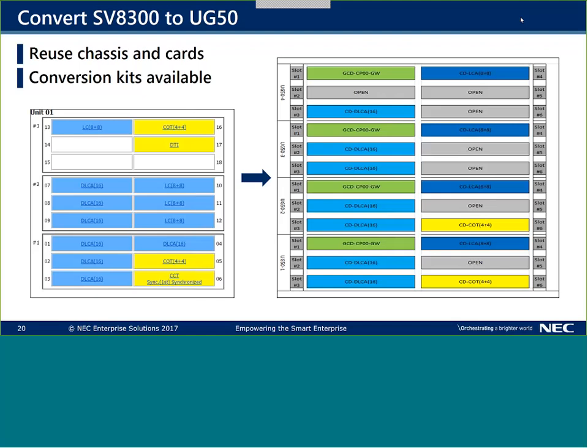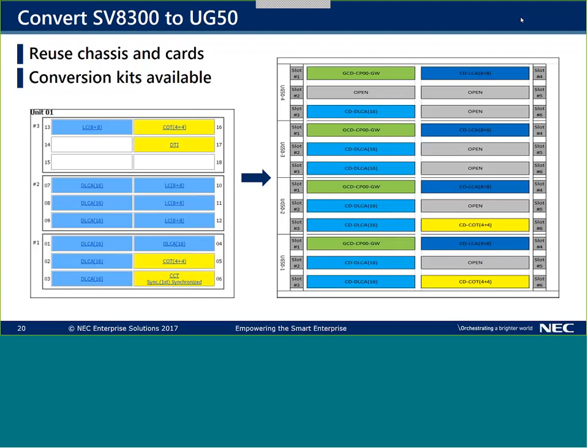And what we've done is converted that to 4 UG50s on the right. And the reason we do that is because each UG50 needs that green card that we're showing, the CPU. So the CPU is going to occupy 1 slot. And that wasn't the case in the 8300 on the left.